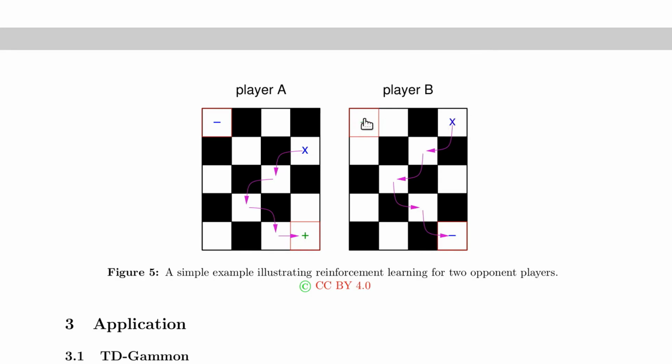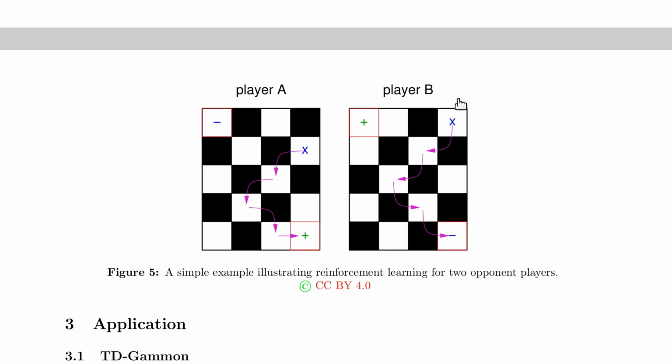So let's assume we have such an environment, and this is the state in which the game is right now, and we have a player A and a player B that alternate in their decision, right?